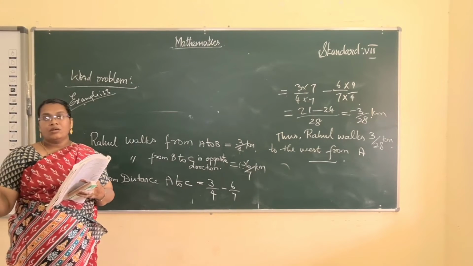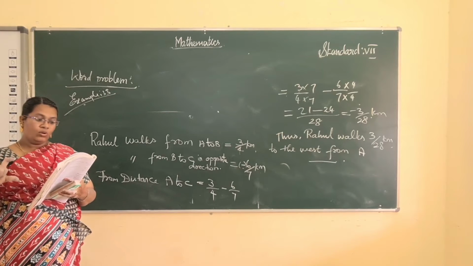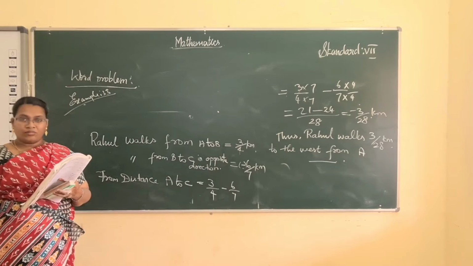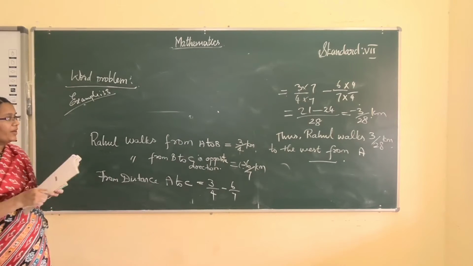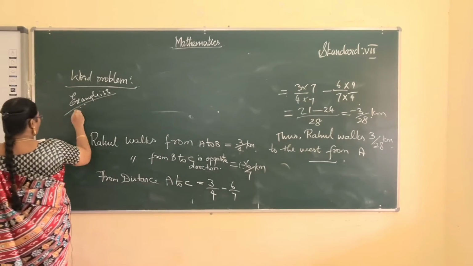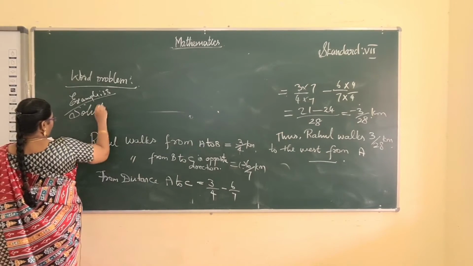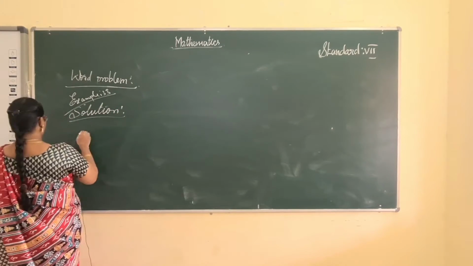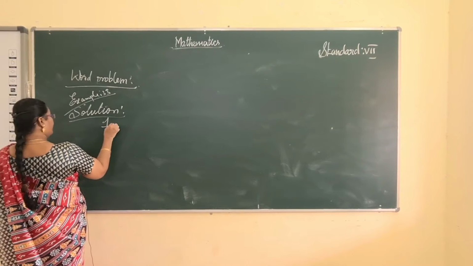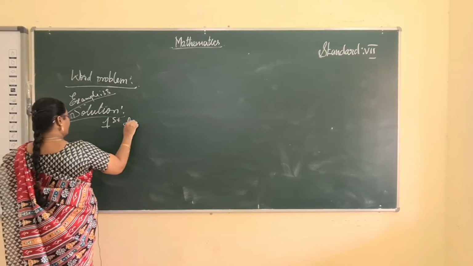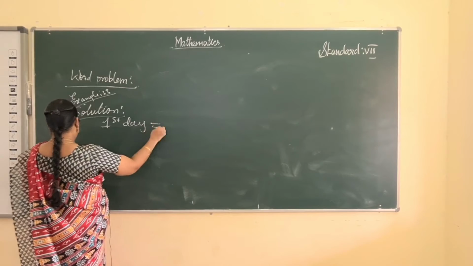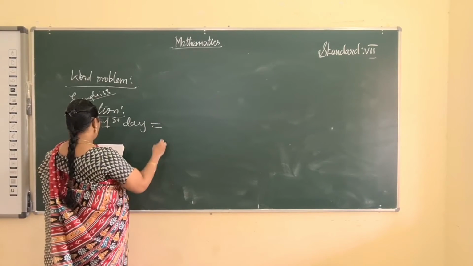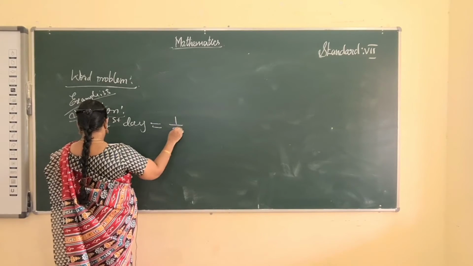So you have to add these two read values and subtract from the whole book, so subtracted from 1. See the solution. First day, how much part is read? 1/3 part.